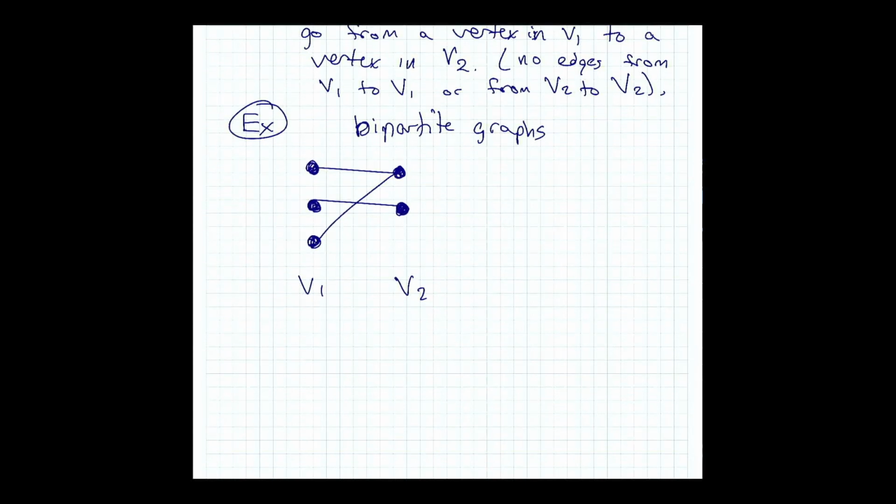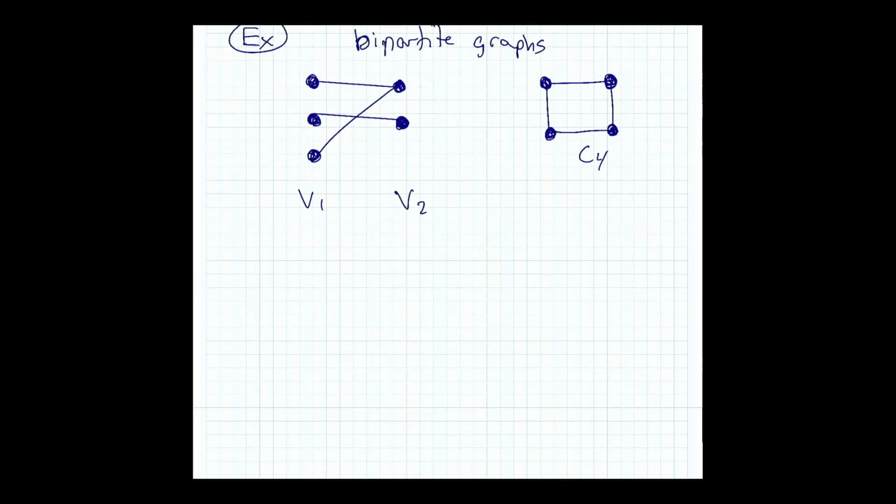So let's draw another one. There are others that are bipartite. Like if you draw C4, this is C4, right? Now C4 is bipartite, I think.